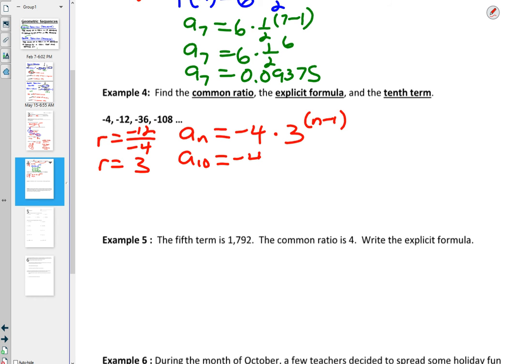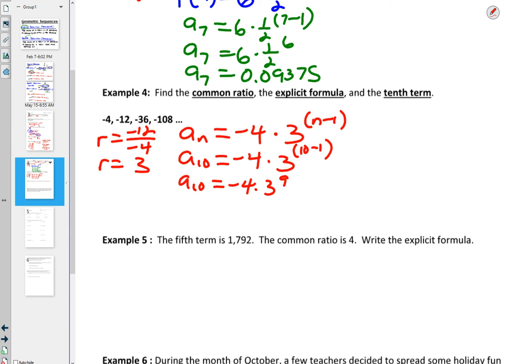It would be -4 times 3 to the 10 minus 1. And that's going to be a big number. It's going to be negative, but it's going to be very, very negative. A sub 10 is equal to -4 times 3 to the 9th. It's not that big.